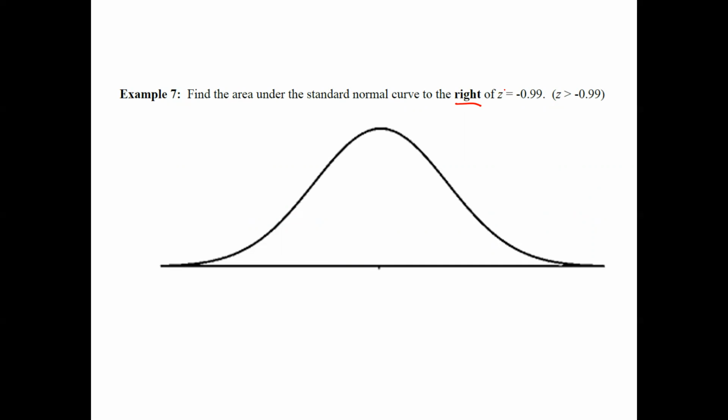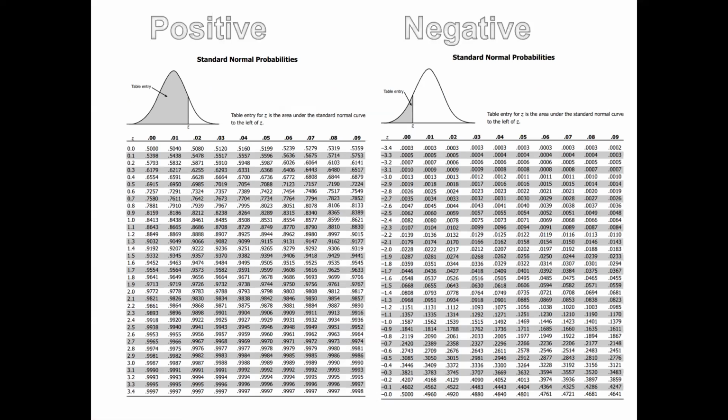So given the fact that this is a negative 0.99, we need to figure out what percent that is going to be. So let's go ahead and refer to the table. Because it is going to be a negative 0.99, it is going to be right here. 99 right there. So what number is that going to be?